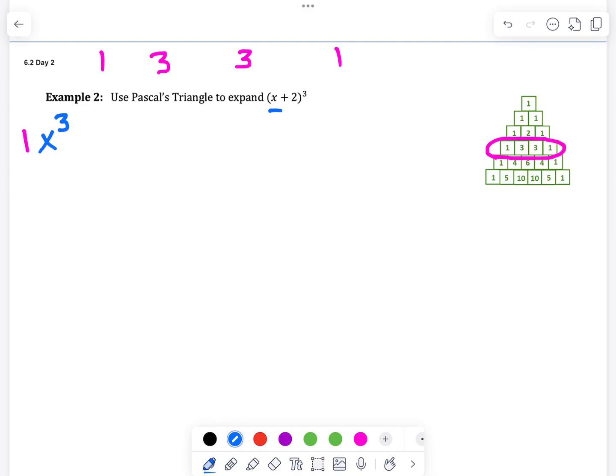Raise it to the third power. And then our second term is 2. So that's 2 to the 0 power. Then we put our coefficient of 3 from Pascal's triangle, x, and now we drop a degree, and then increase a degree.